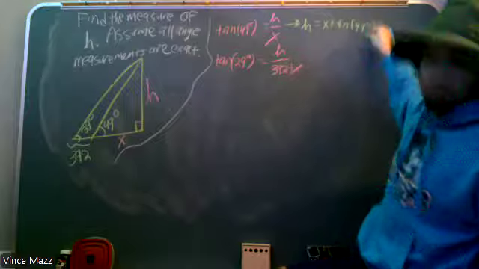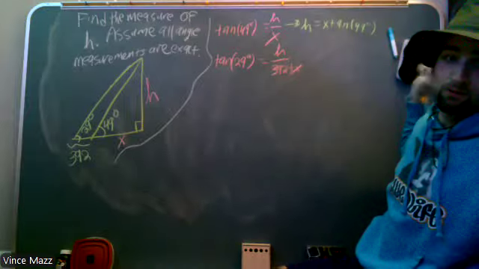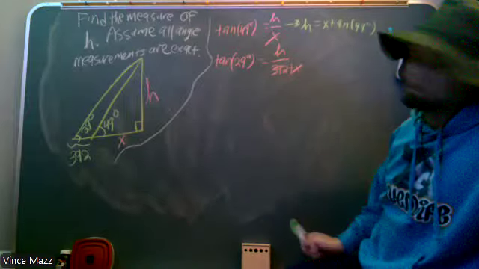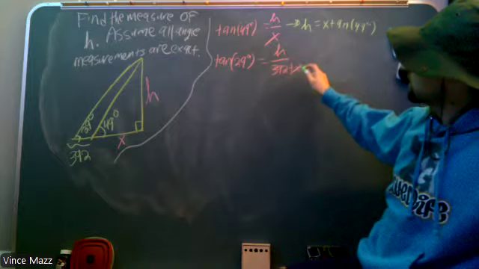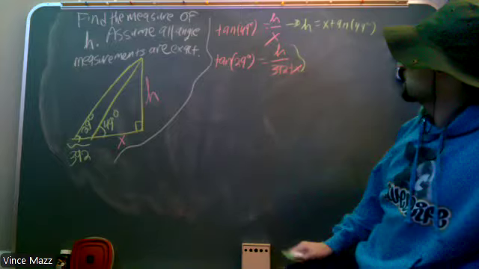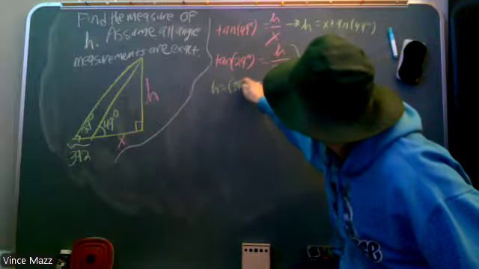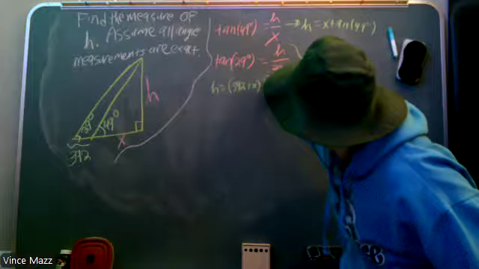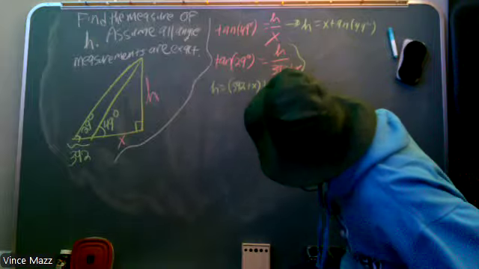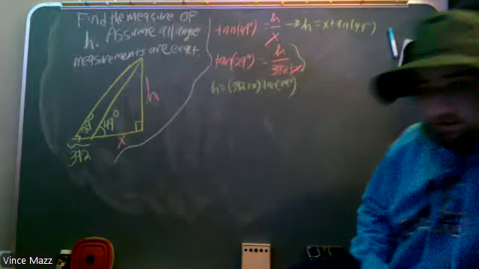I know I'm blocking it maybe. My hat is. Oh, what I do for the outfit, the dedication here. And then this one is going to be h is equal to (392 plus x) tan 29. Use parentheses here.